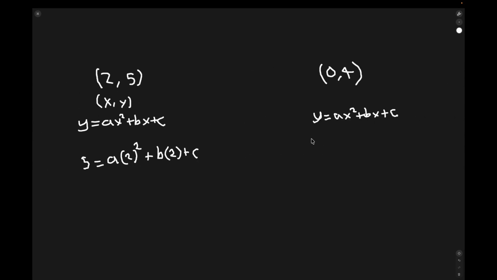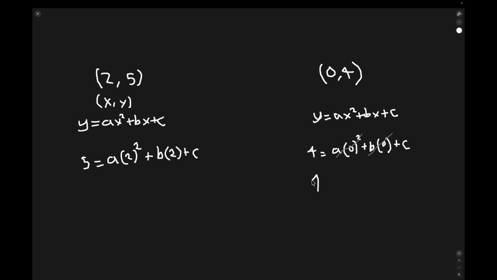Now for the third one, our x is actually 0, so we're going to put 4 equals a times 0 squared plus b times 0 plus c. Now, anything times 0 just cancels out, so those terms no longer exist.